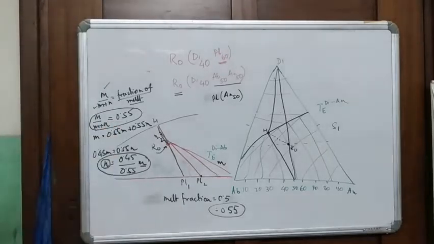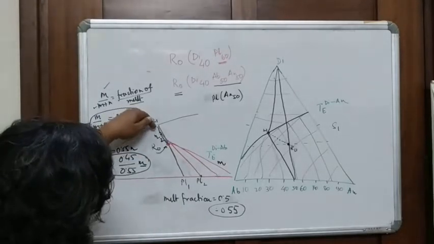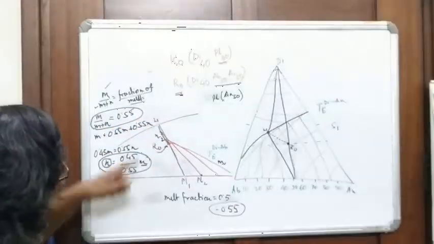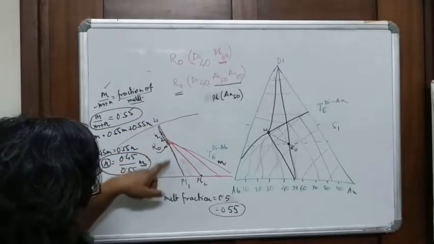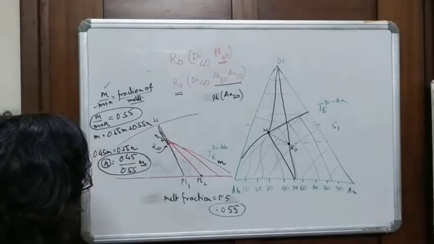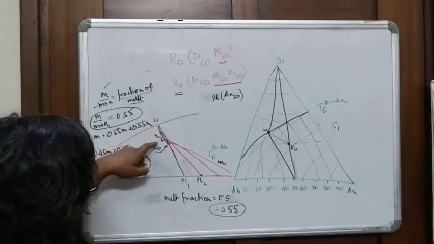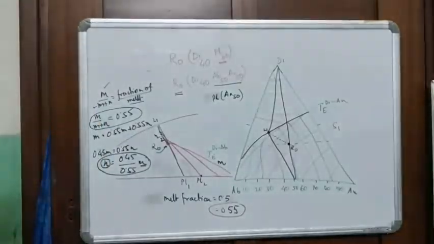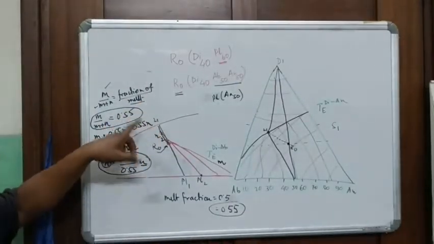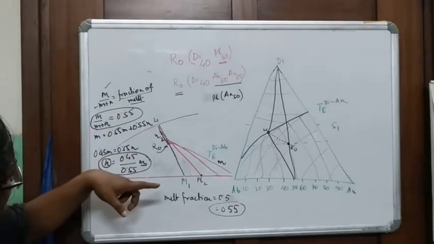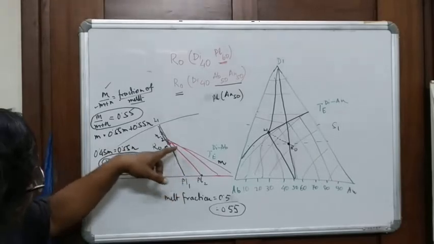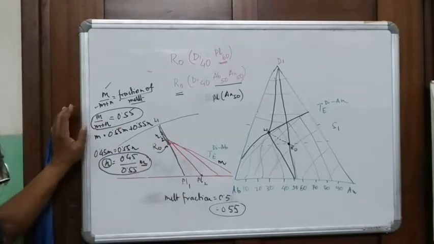So similarly, if you go from L1 to L2 to L3 to L4, and finally when n is equal to 0, n is equal to 0 means the fraction of melt is n. N divided by m plus n is the fraction of melt.